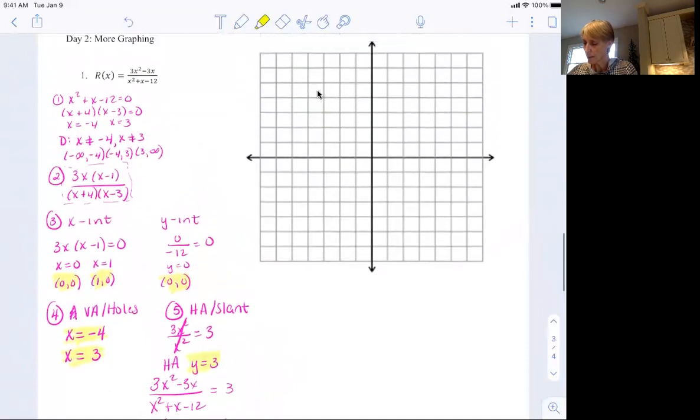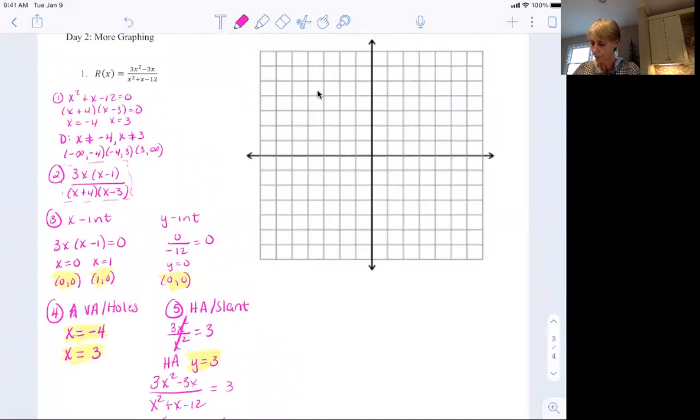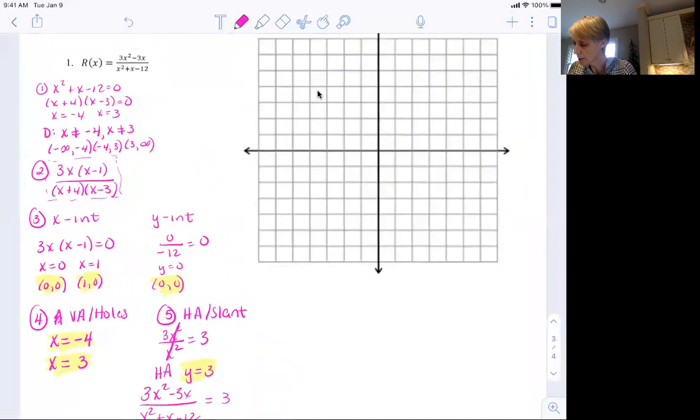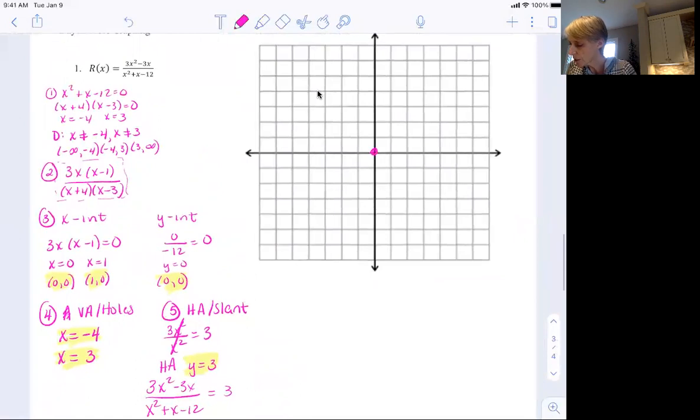Let's put some of this information on our picture. My x-intercept at 0, 0, and I have an x-intercept at 1, 0. My y-intercept is at 0, 0, it's already there. I have a vertical asymptote at x equals -4. I have a vertical asymptote at x equals 3. And remember, my graph can never cross over these.